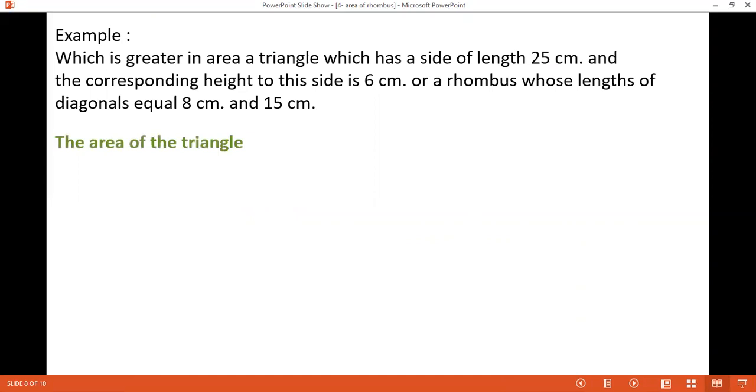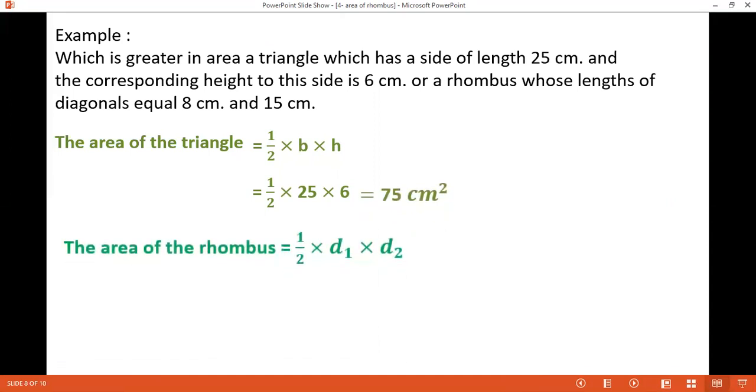Okay, when I have to compare between two areas, which is greater? The area of a triangle which has a side length 25 centimeters and corresponding height 6 centimeters, and a rhombus whose diagonal lengths are 8 and 15. First I have to get the area of the triangle. Area of a triangle equals what? Half by base by height. It's half by 25 by 6. The answer will be 75 square centimeters.